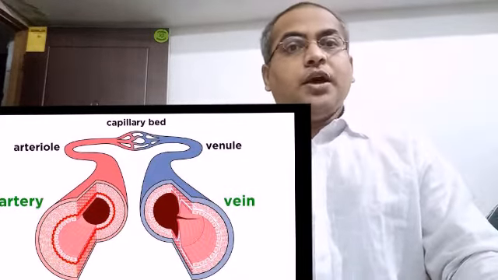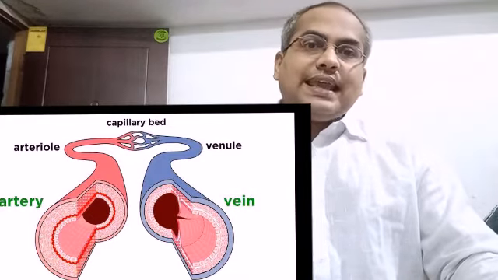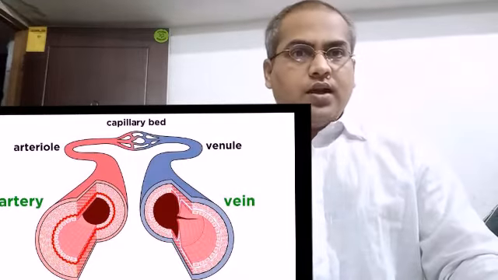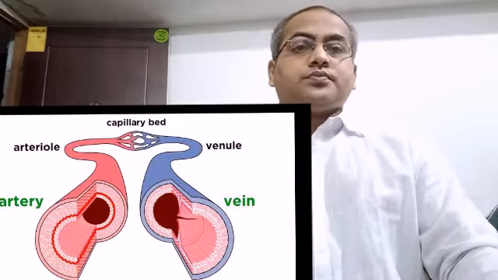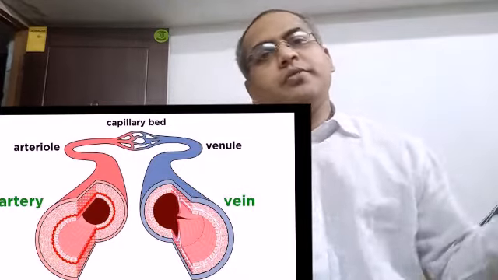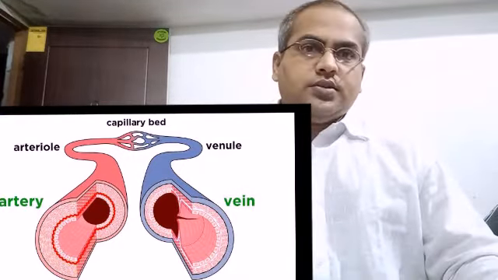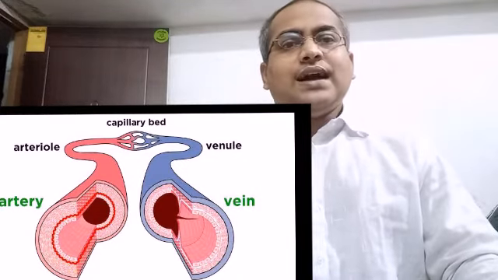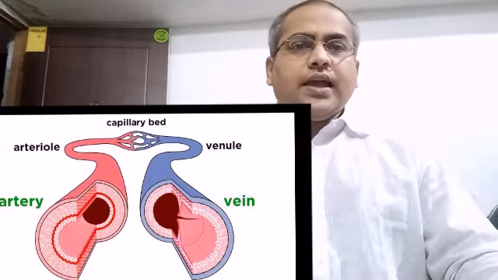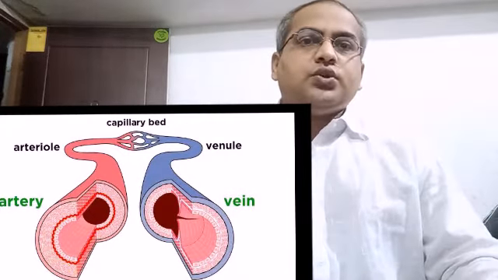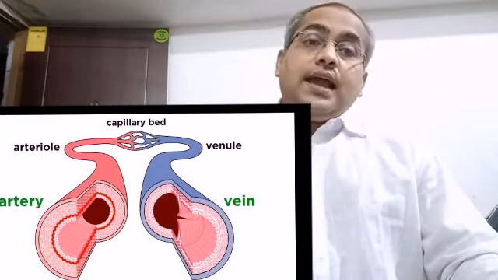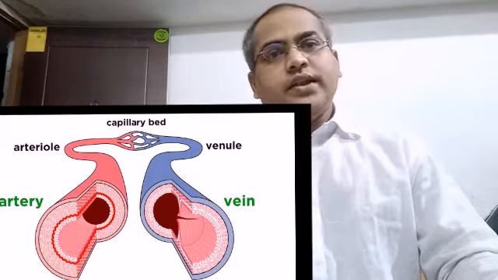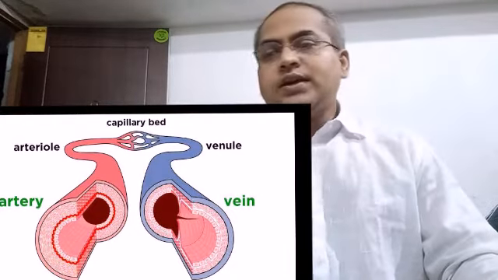Remember class, the pulmonary vein always carries oxygenated blood from the lungs to the heart. Now these veins carry blood from different parts of the body to the heart. So there is very little pressure, so the walls are thin. They don't have to bear pressure, so the walls are thin, and there are valves which allow the flow of blood only in one direction, means always towards the heart.